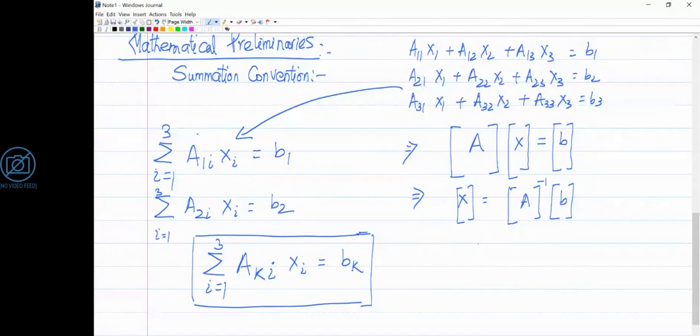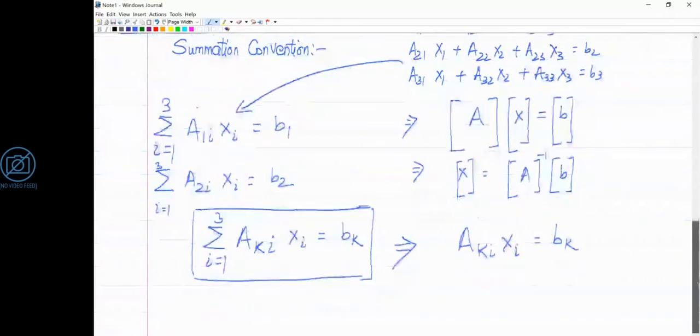Now, you see, writing this summation symbol all the time is very cumbersome. And summation convention allows us to get away with this symbol and simply write this as a_ki x_i is equal to b_k. But then we have to interpret it.